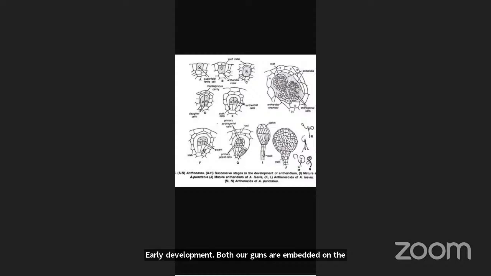The antheridia are elongated, and they develop in antheridial cavities or chambers. Each antheridial chamber contains a single antheridium or a group of antheridia, and antheridial jacket cells are also there.